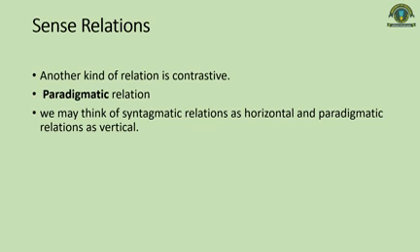So implicit knowledge regarding what? That how lexemes are associated with other lexemes. And as we have earlier discussed in our previous lectures, these are the sense relations. So our implicit knowledge of syntagmatic relations facilitates our perception as well.